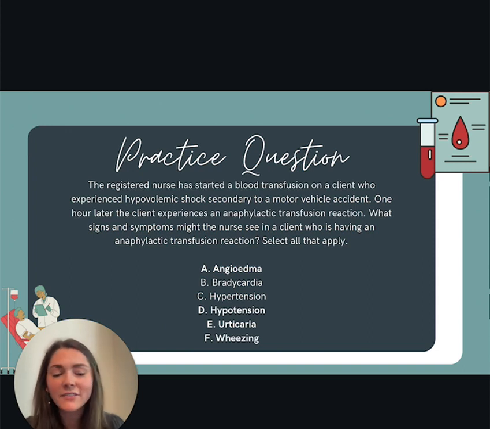If someone was having an allergic reaction, we would actually expect to see tachycardia, or an increase in heart rate. Next, we have hypertension. Hypertension does not occur during a transfusion reaction. Instead, we would expect to see hypotension, or low blood pressure. And this happens because during an allergic reaction, our blood vessels expand, which causes that dangerous drop in blood pressure.